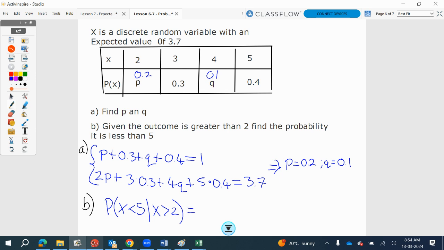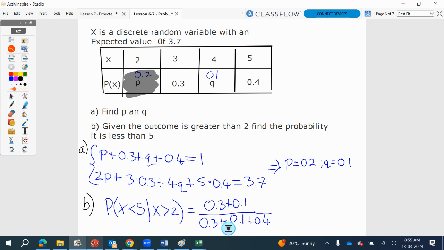Given that it is greater than 2, that means this part is not in my probability distribution. Given that it's greater than 2, what is the probability that it is less than 5? So I want 0.3 plus 0.1 out of a total of 0.3 plus 0.1 plus 0.4.